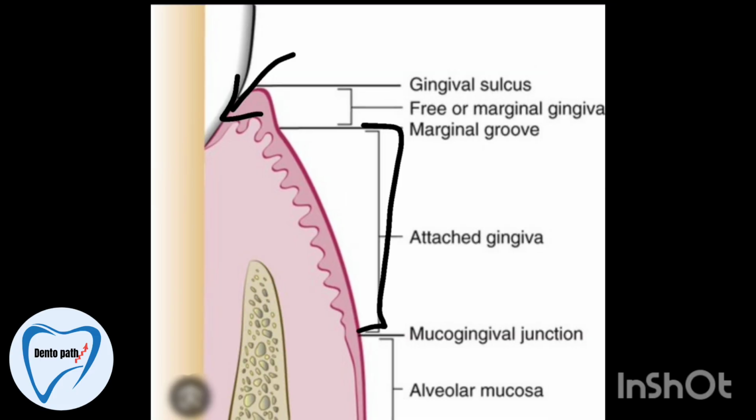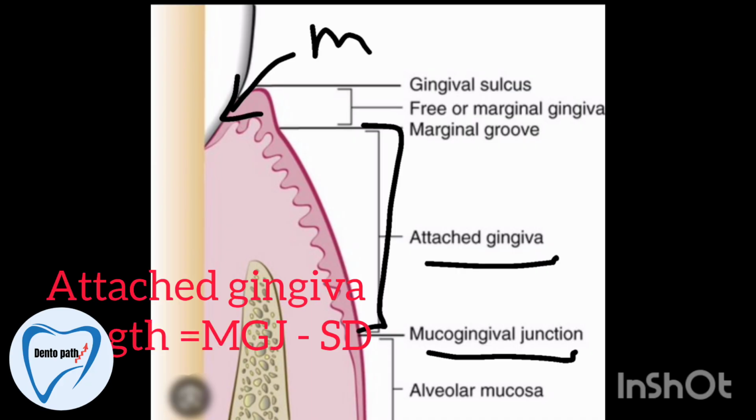The distance between the mucogingival junction and the external surface or bottom of the gingival sulcus is known as attached gingiva depth or length. So to measure attached gingiva, we take the width of gingiva minus the mucogingival junction minus the sulcular depth.